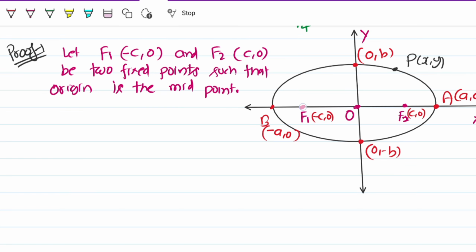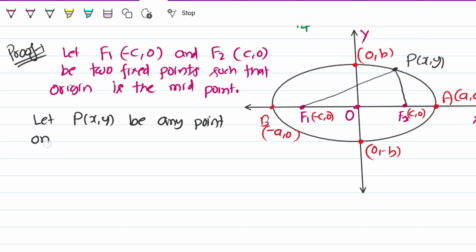If I join F1P and F2P, then by definition, let P(x, y) be any point on the ellipse.